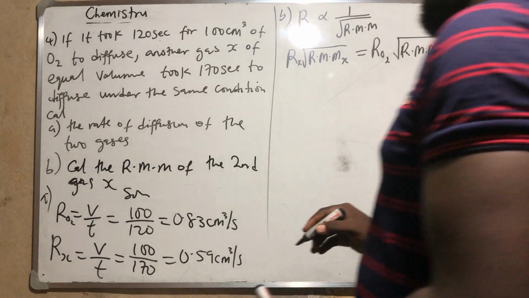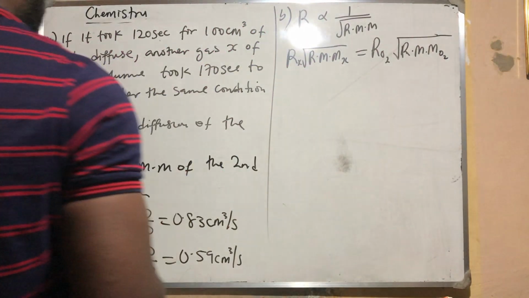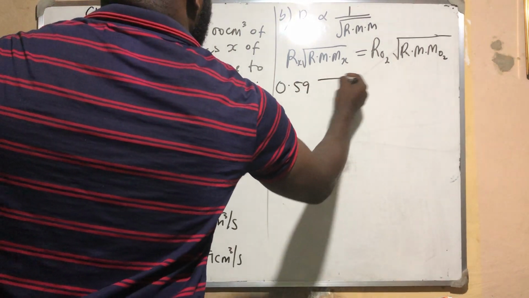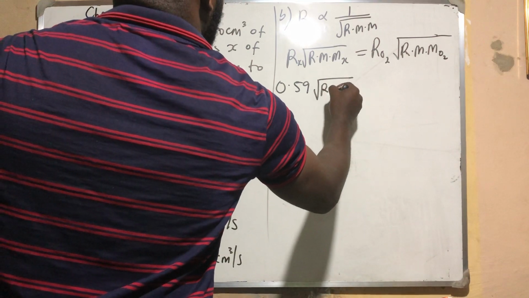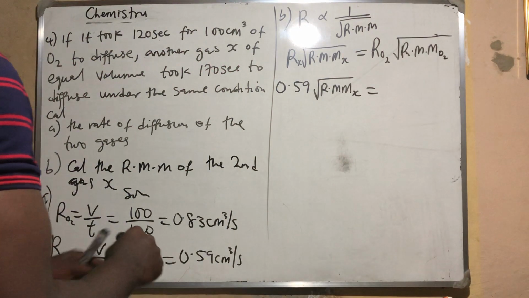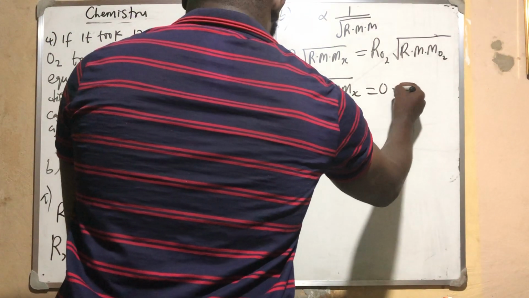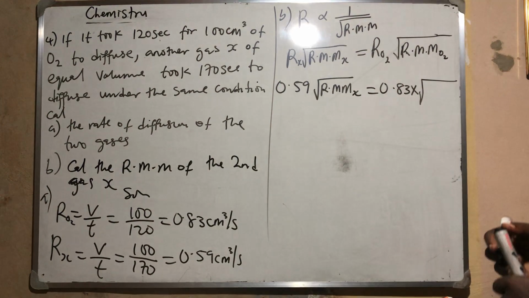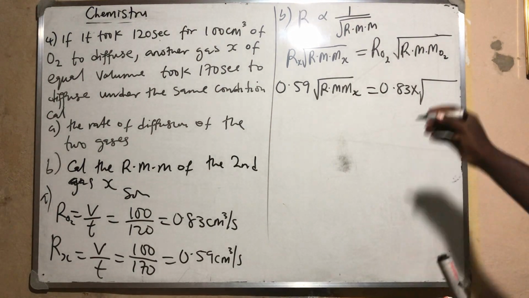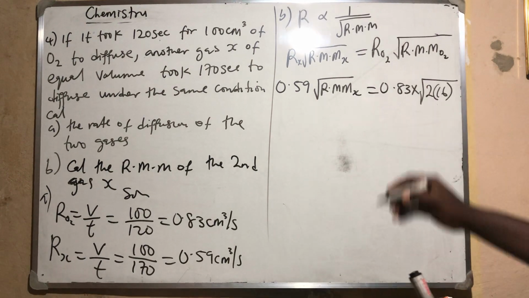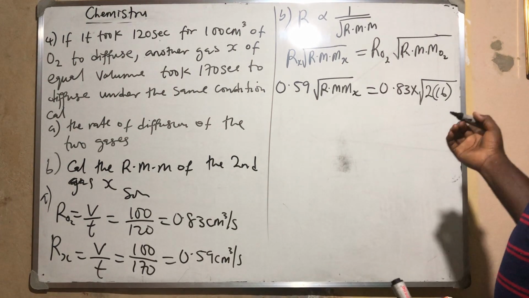The rate of X we got as 0.59, and for oxygen we got 0.83, times the square root of the relative molecular mass of oxygen, which is 2 in bracket of 16, so 32.